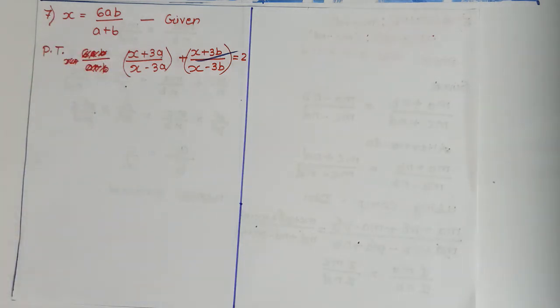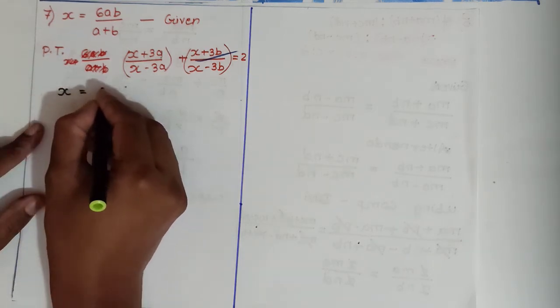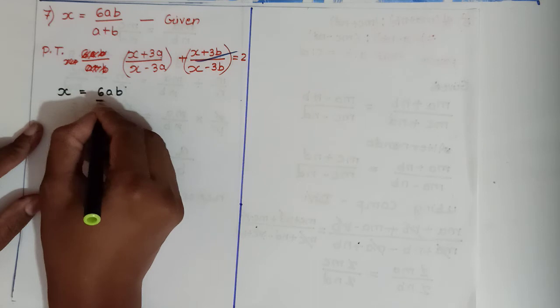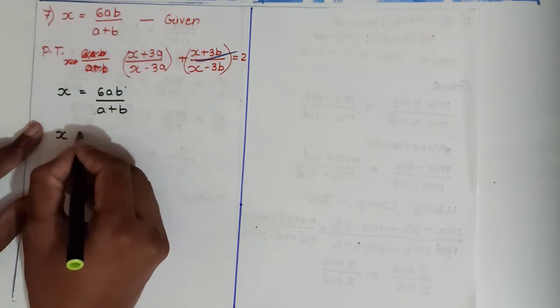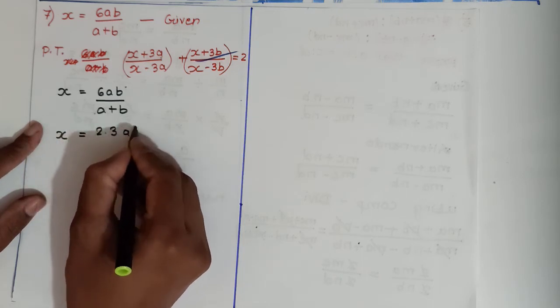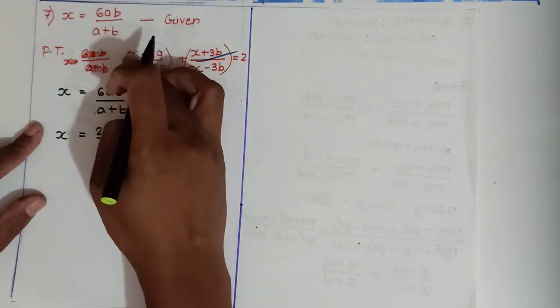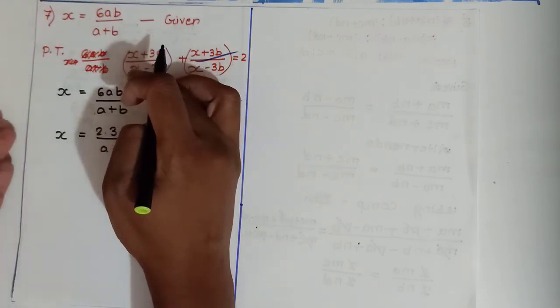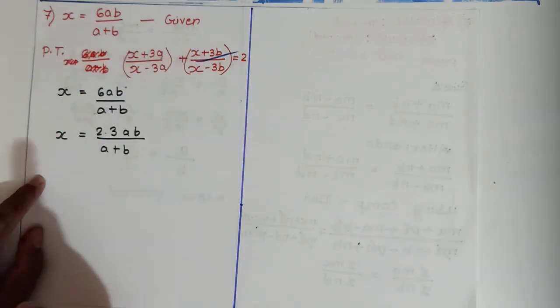It is given to us that x equals 6ab upon a plus b. So x equals 6ab divided by a plus b. Now 6ab, I can write the 6 as 2 into 3. In the left hand side I want x and 3a, so x plus 3a.